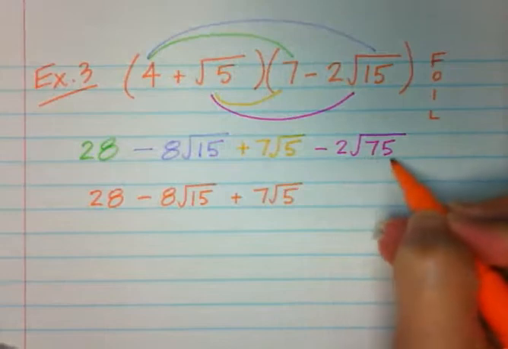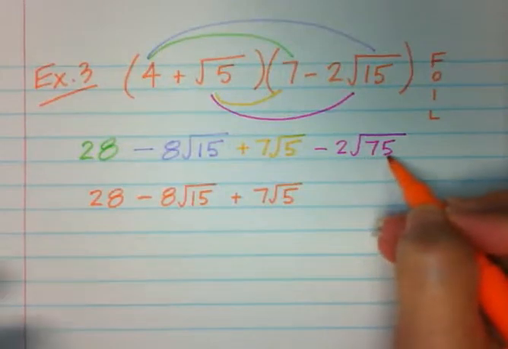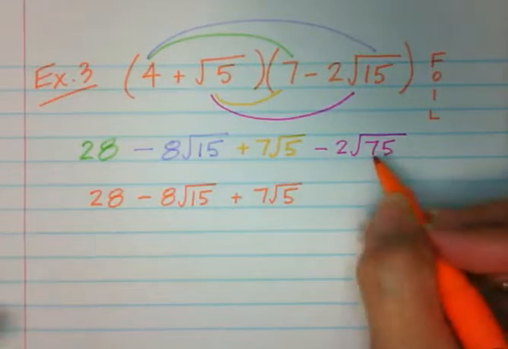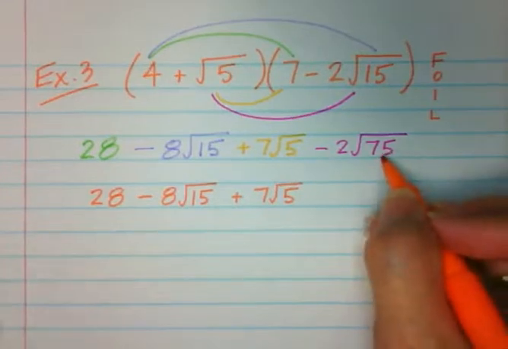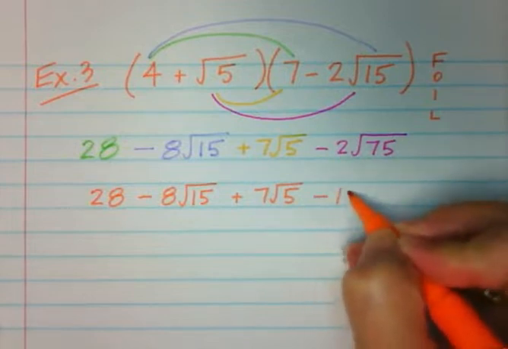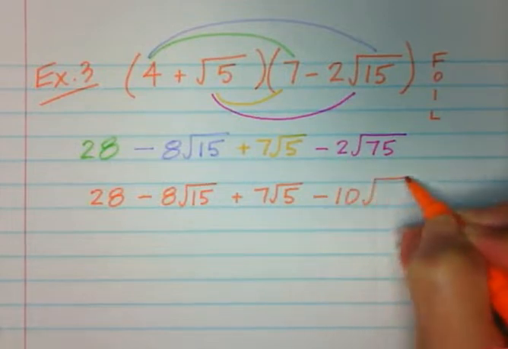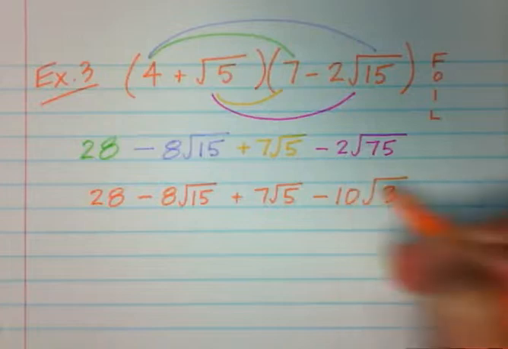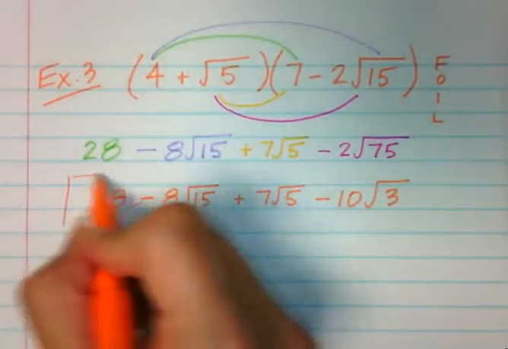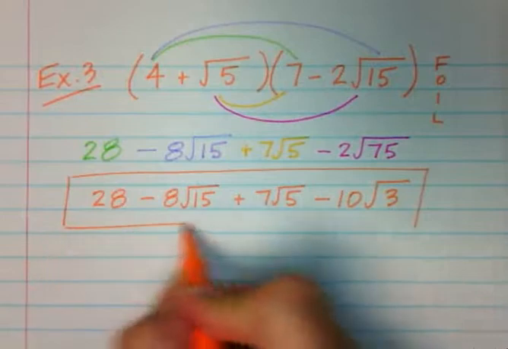This can be simplified. 75 can be broken down to the square root of 25 times 3. The square root of 25 is 5, which will be multiplied to the 2, so we'll have negative 10 square root of 3. And then looking through, we have no like terms, so that one is our answer.